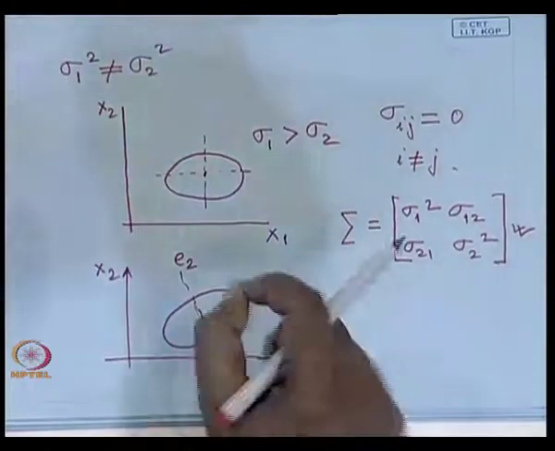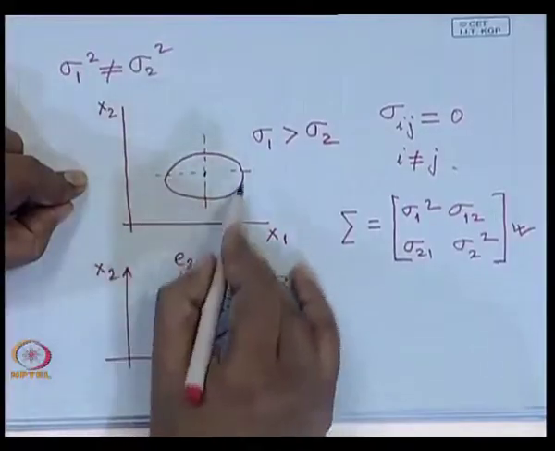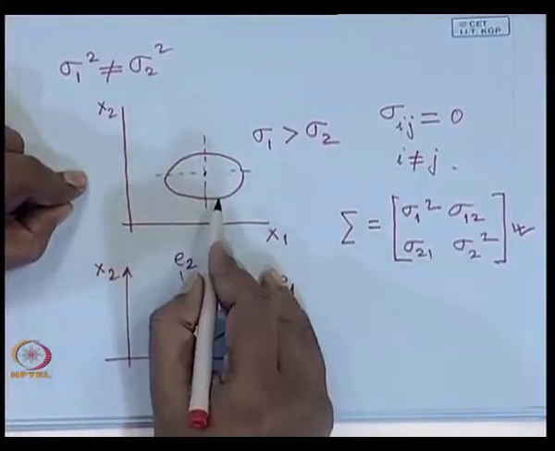Those multi-dimensional points will form point clouds in such a way that around mu the density will be maximum, and as we move away from mu, the density will go on reducing, and they will be clustered. Here this clustering is in the form of an ellipse.